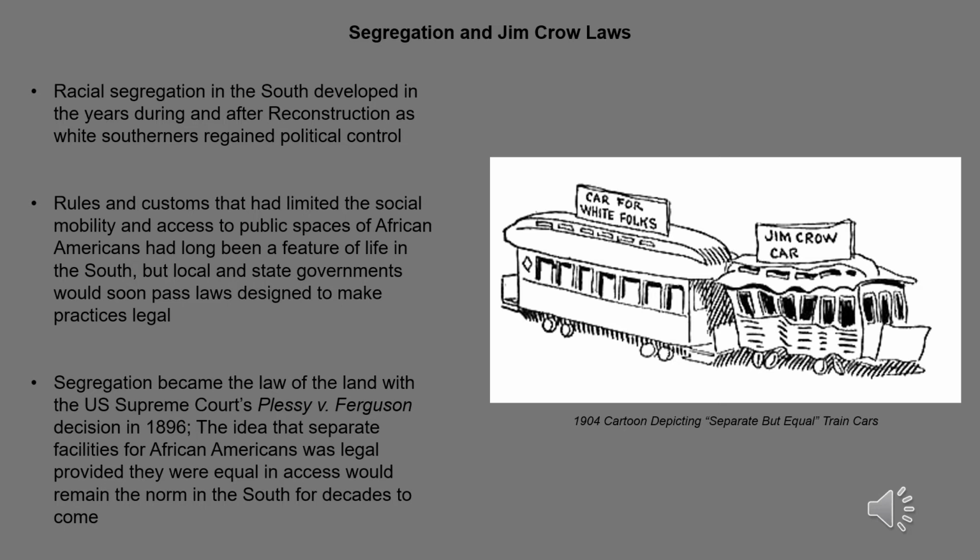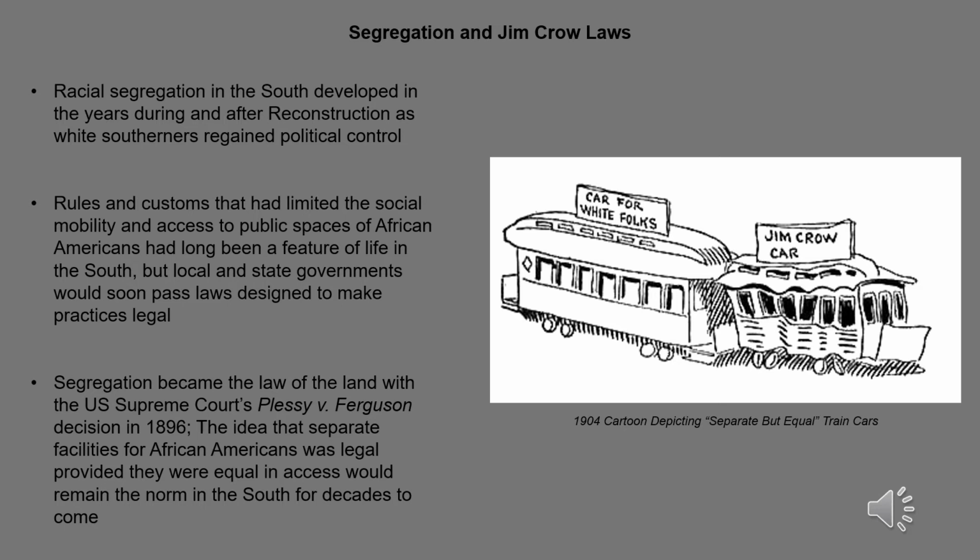We could participate politically as African Americans, but we could not necessarily live equally. And so that had always been custom. We talked about the Black Codes before, where African Americans, once the Civil War had ended and the Southern states were still in charge, had passed laws designed to limit the freedoms of African Americans.